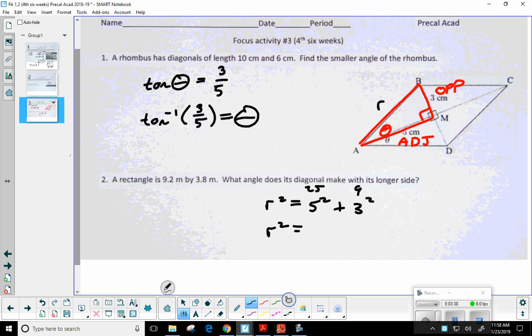What's 25 plus 9? 34. Okay, so r would be the square root of 34, right? And then 34 itself is 17 times 2. So that's not going to simplify. So let's say square root of 34. Okay. Well, is it one of my special right triangles?